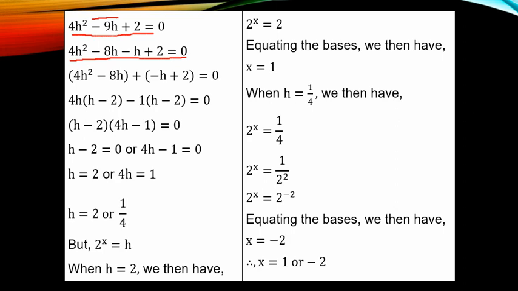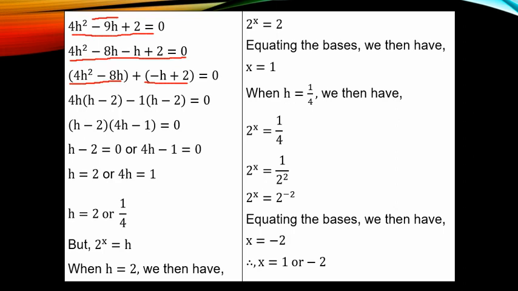So the first group, you have 4h squared minus 8h plus the second group minus h plus 2. I advise that you should always separate the two groups with a plus sign. That is why I'm taking minus h and plus 2 as one group.